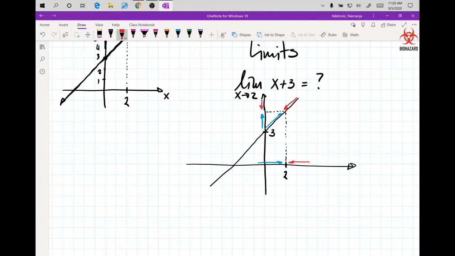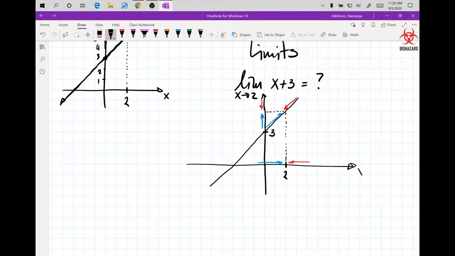So here you go. You approach from the left, you approach from the right, and as you can see, they meet at 5, right? They meet at 5. So approach from the left, approach from the right, those motions translate on these, and then they would meet at 5, and then they kill themselves.